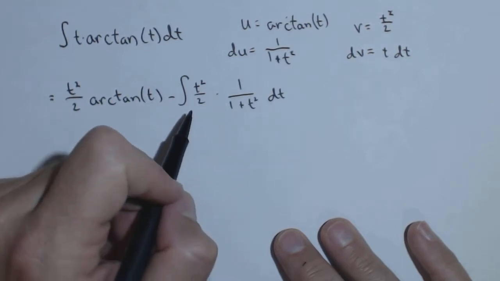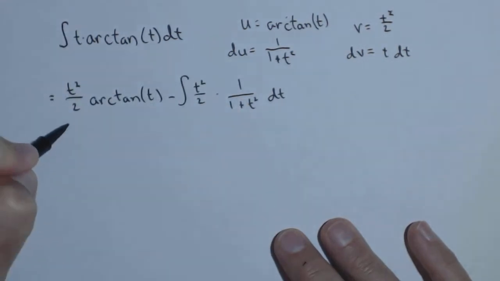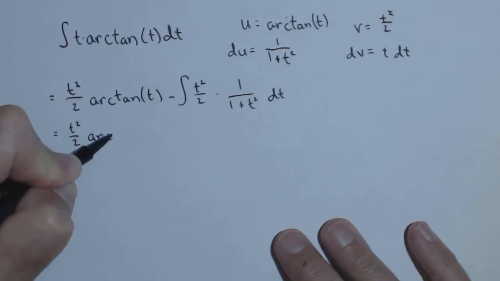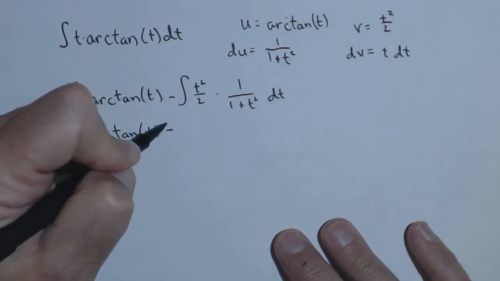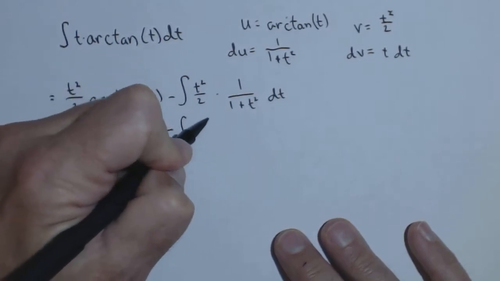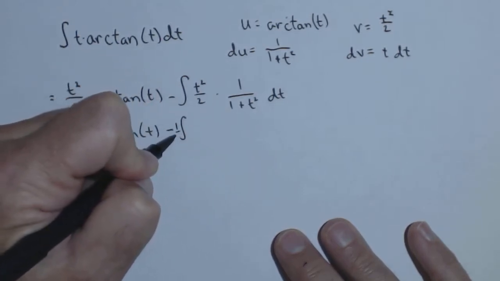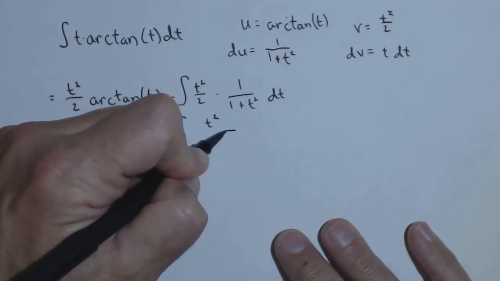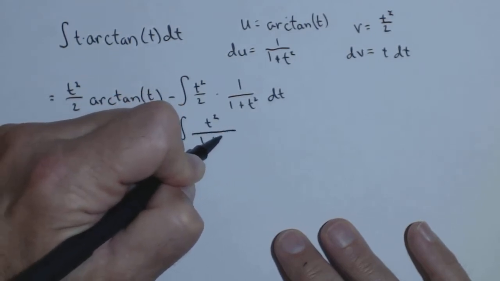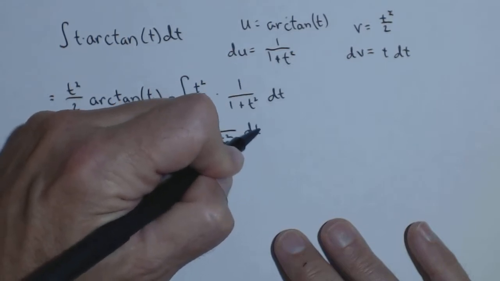Now I'm going to clean this up just a little bit. So t squared over 2 arctan of t minus, let's pull out the 1/2 so we don't have to deal with it right now because we have plenty going on, t squared over 1 plus t squared dt.